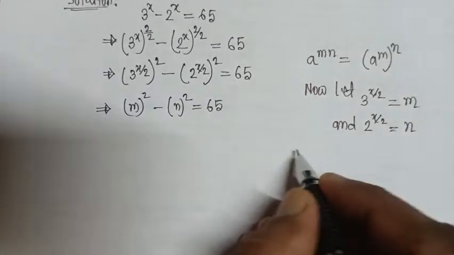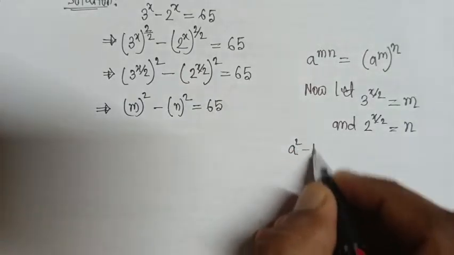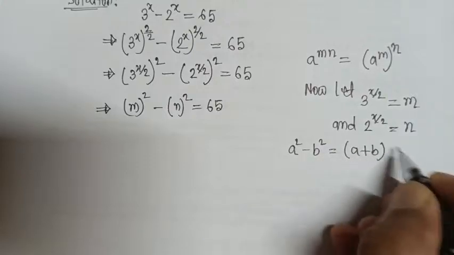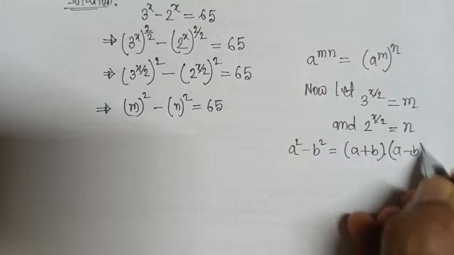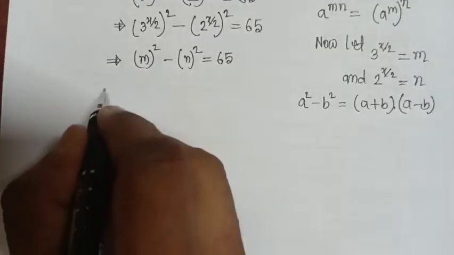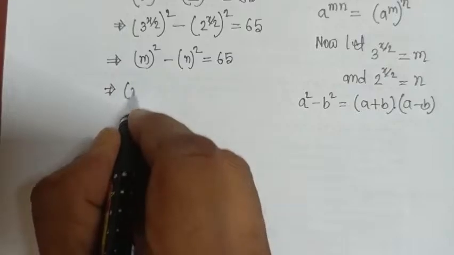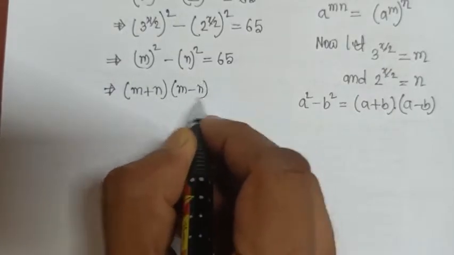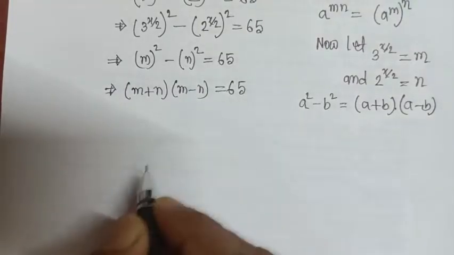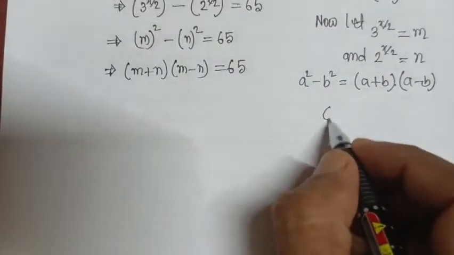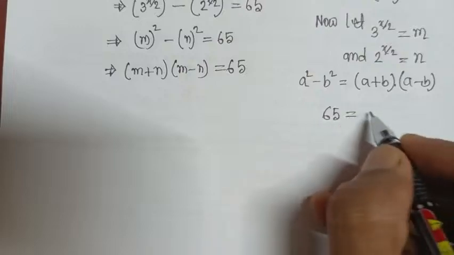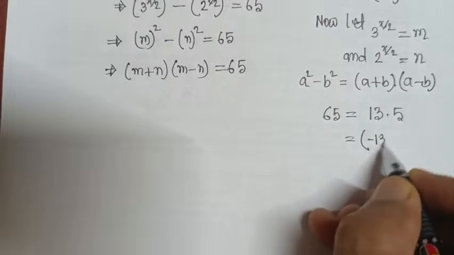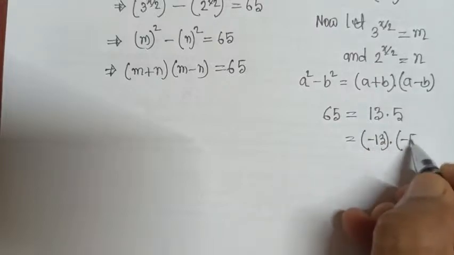Now we know a squared minus b squared is equal to (a plus b) into (a minus b). Now we apply the same here, so it becomes (m plus n) into (m minus n) is equal to 65. So 65 we can split as 13 into 5 or minus 13 into minus 5.